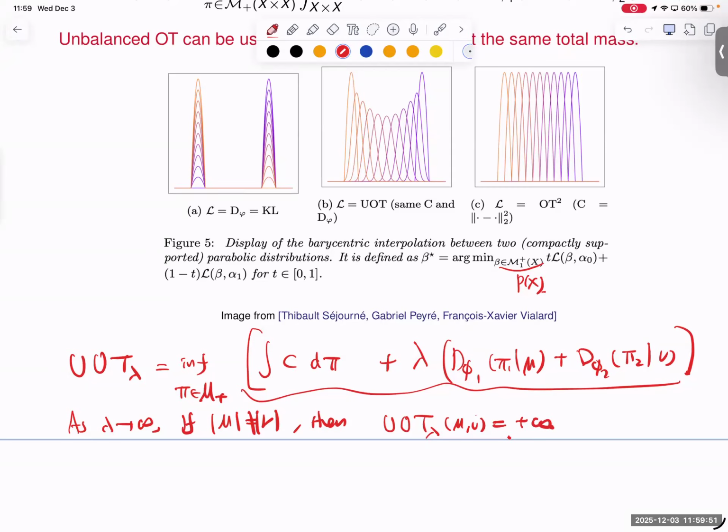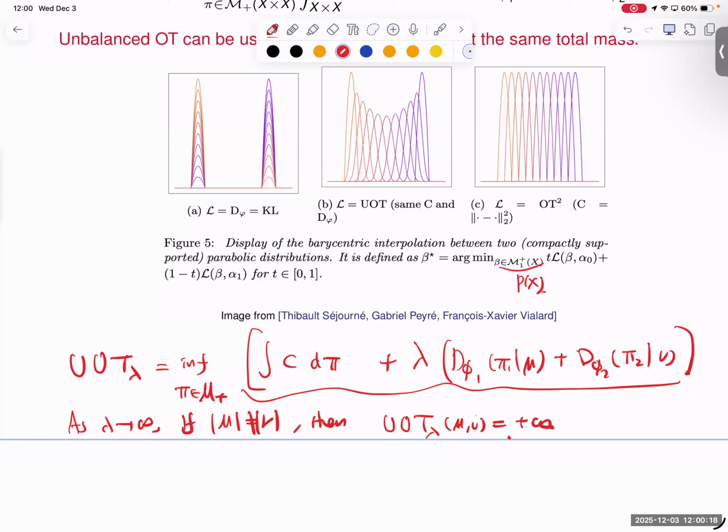Yeah. Okay. And existence of a minimizer in the unbalanced optimal transport is also a hard problem, right? You mean is it clear whether we have existence of an optimal transport plan in the unbalanced problem? Yeah, that's actually a very good point.